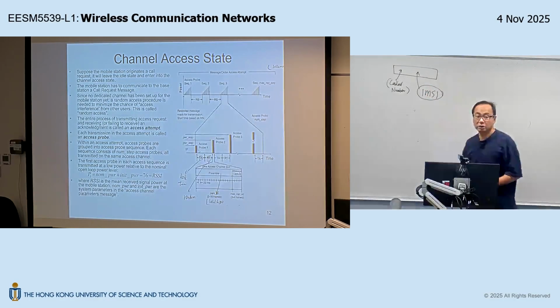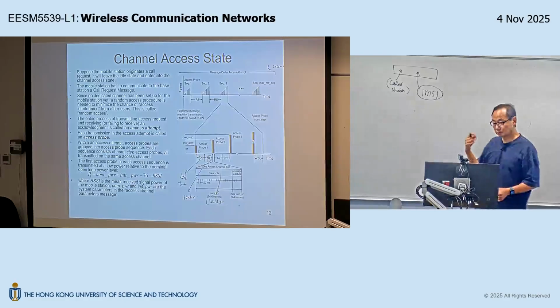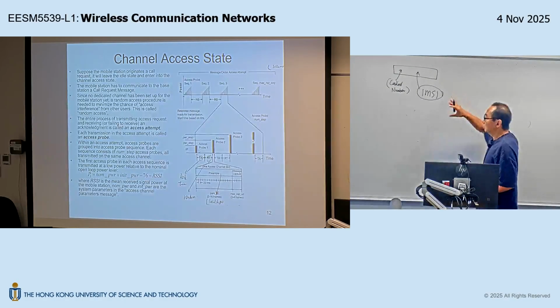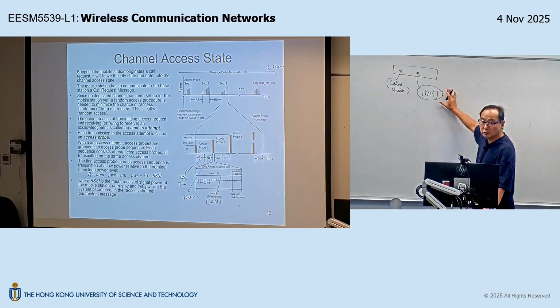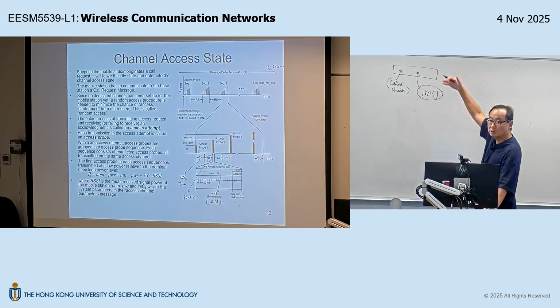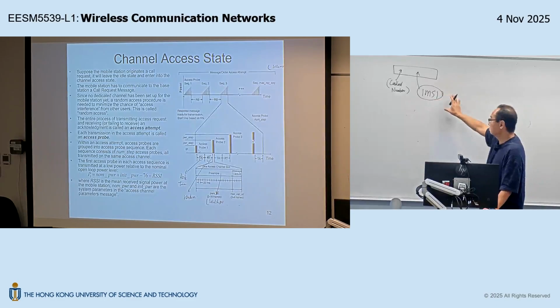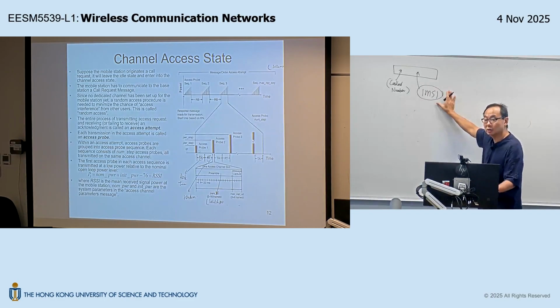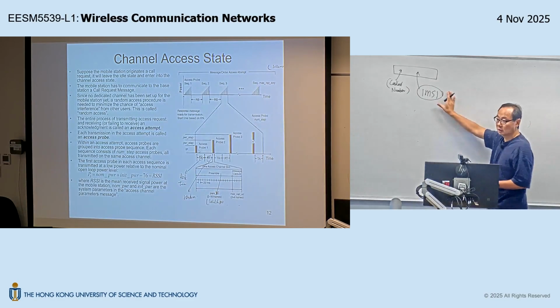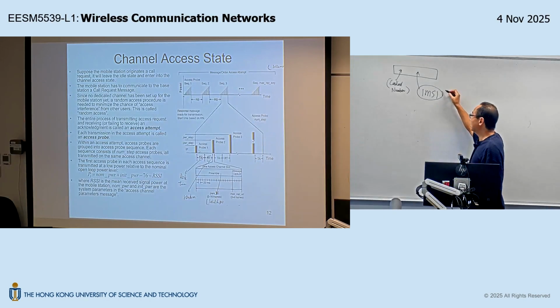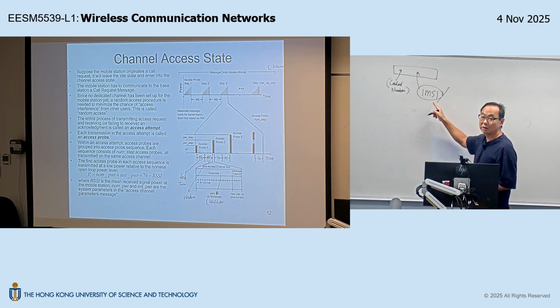But for some security considerations, the protocol will minimize the chance for you to identify yourself using the IMSI. Because if somebody sniffs your transmission in the air, they know your IMSI, they can duplicate your SIM card, and that will not be secure enough. So usually instead of transmitting the IMSI, you will transmit something called the TMSI, Temporary Mobile Subscriber ID.